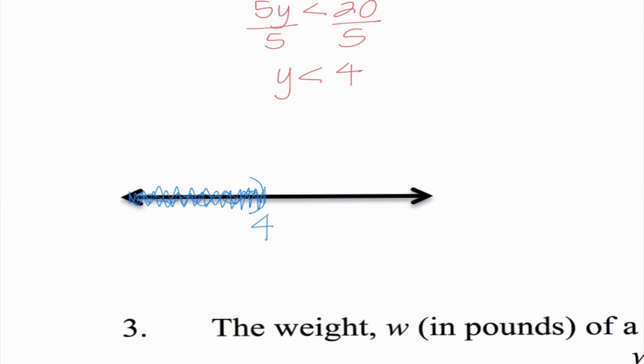Now, I want to just pause and show you. If you did all of this, you would get full credit on a quiz or a test. Notice I do need to have this parenthesis and not an open circle to show me you understand that.